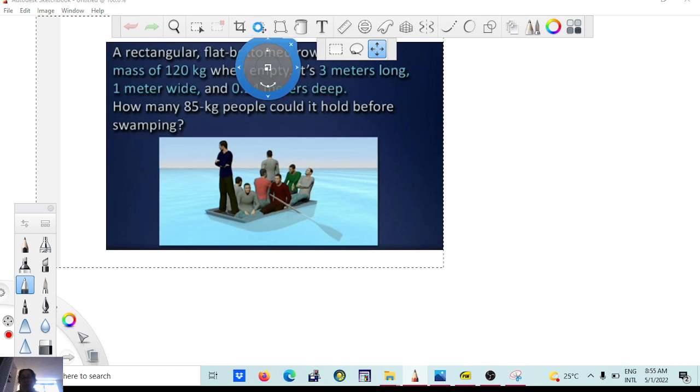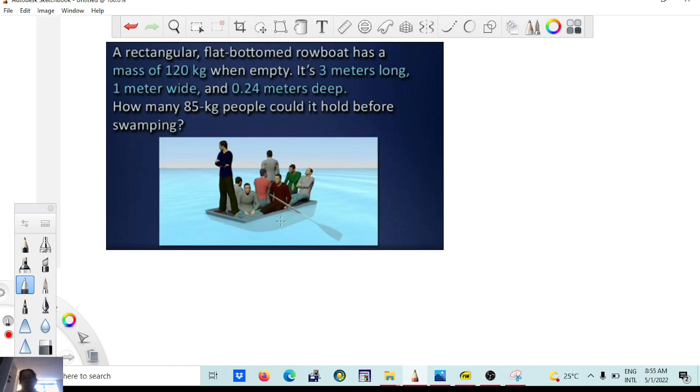So it's a floating problem. If it floats, then you have the total weight, and the total weight is the weight of all the people plus the weight of the boat. The idea is to find the total weight. If I have the total weight, then I can remove the weight of the boat and divide by 85 to see how many people it can fit.